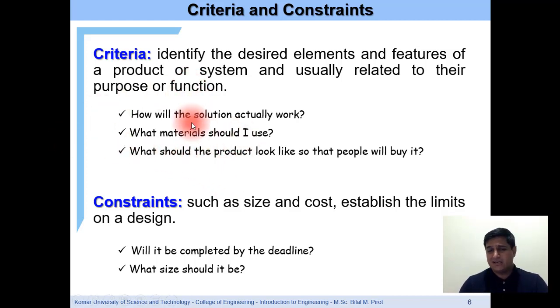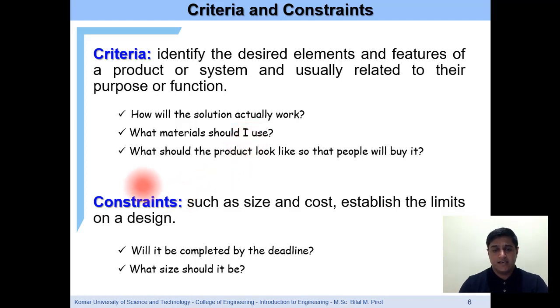Okay, we can simplify the idea of the criteria by asking some questions. How will the solution actually work? So you are talking about the properties of the solution. What materials should I use? Because the materials identify the properties of the product.